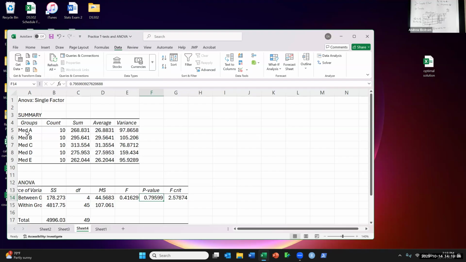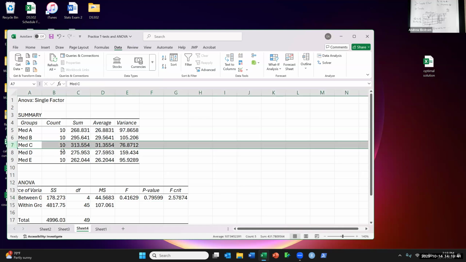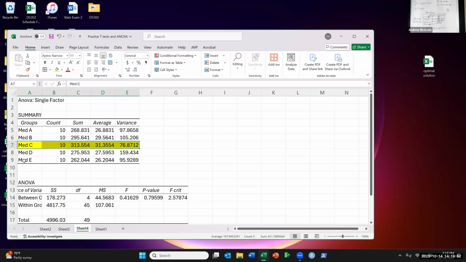Instead of the issues we were talking about last time, I'd only have you do, say, A versus C and B versus E or something like that. So I'm not looking to have you redo every single thing on here. But just as an instance, group C has the largest average, and group E has the smallest average here.